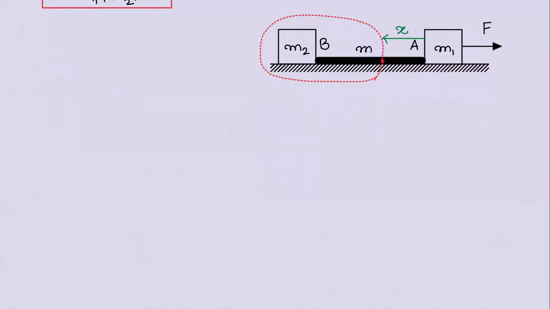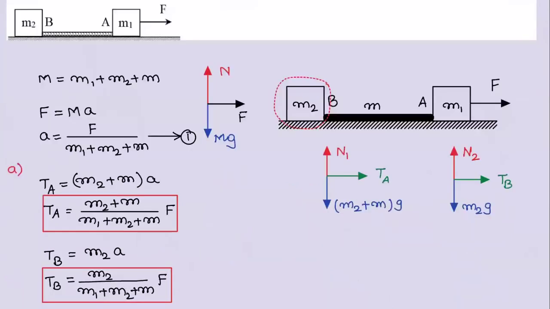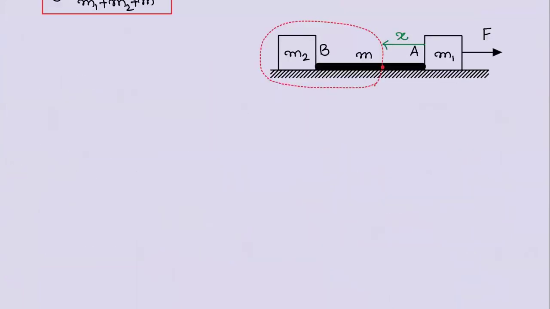To find the mass of this part of the rope, we use the linear mass density of the rope. It's clearly mentioned that it is a uniform rope, when the rope is uniform, the mass per unit length will remain the same.